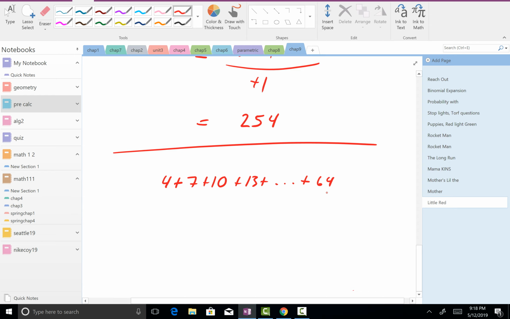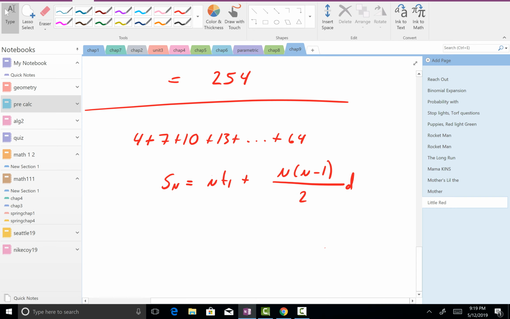Okay, so let's say we have something like that, and we want to know what the sum is. Well, we can use the formula for arithmetic. But the problem is we don't know what n is. And even if we use decimals, we don't know what n is. So we need to figure out what n is.